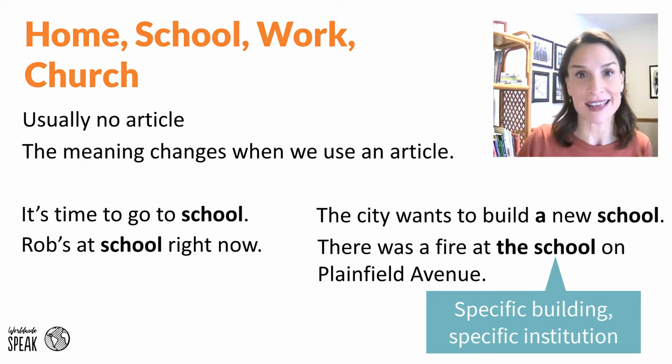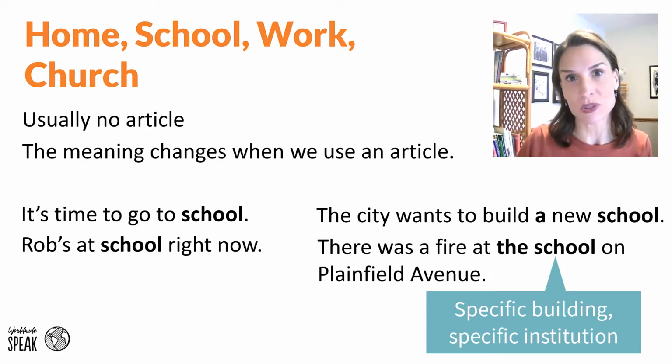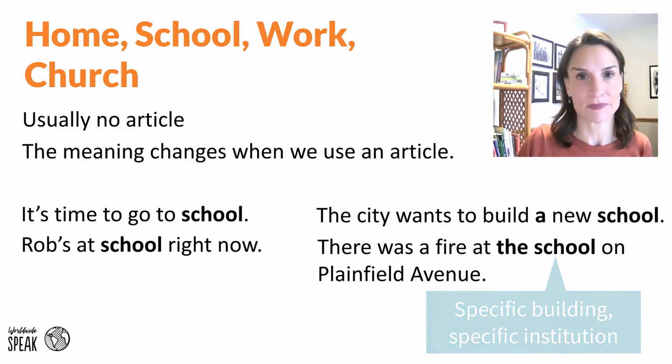There was a fire at the school on Plainfield Avenue. So you and I are having the same idea which school that I'm talking about. It's the school on Plainfield Avenue. I'm identifying it. I'm being specific. There's just one school there. The school on Plainfield Avenue.